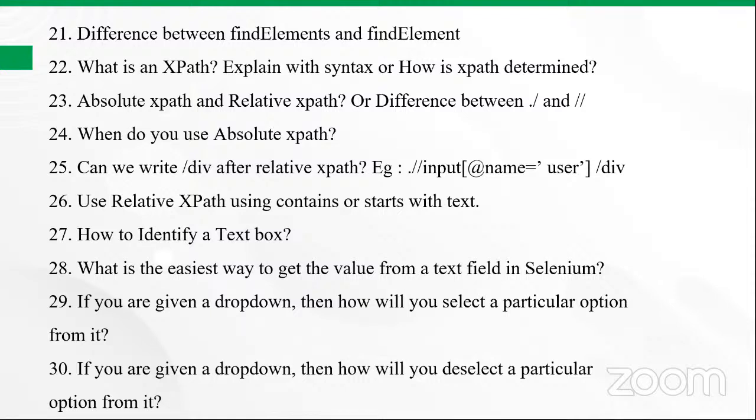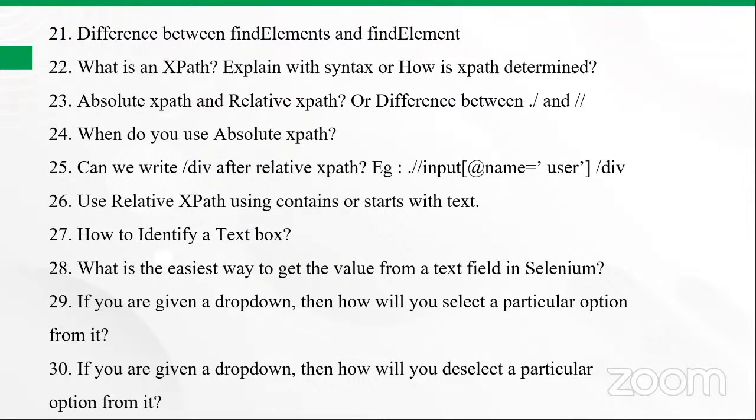The steps to identify a text box are: you inspect that element and find the unique element. You can locate that element using XPath or any other locator techniques. Okay, and then you get the element. The action that we want to perform in that text box is to enter a value, right?